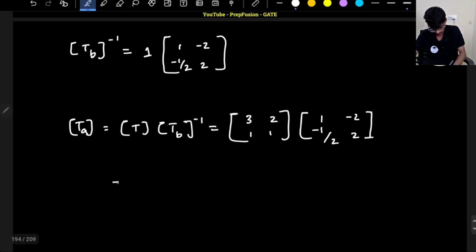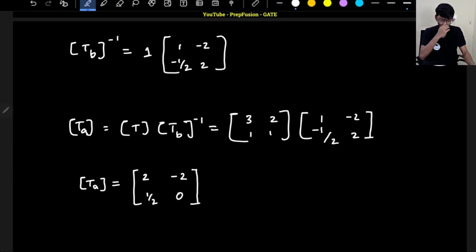Okay, so TA will be equal to 3 minus 1, that is 2; minus 6 plus 4, so minus 2; then 1 minus half, so it will be half; then minus 2 plus 2, this will be 0. Okay, so 2, minus 2, half, 0, this will be the answer basically.